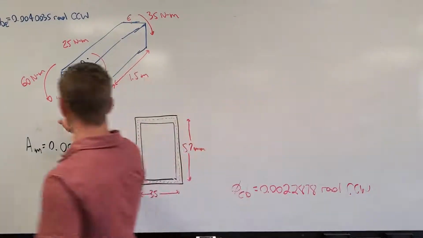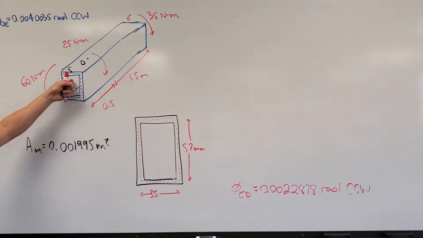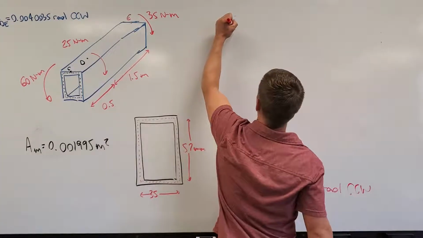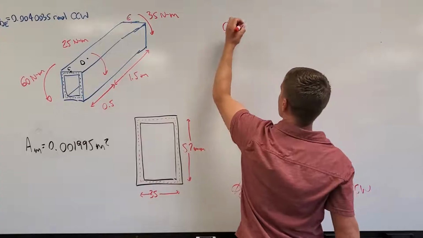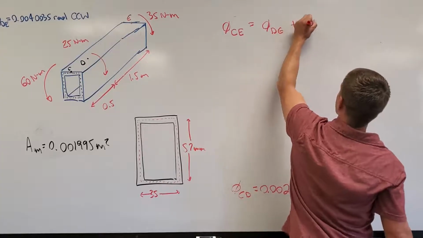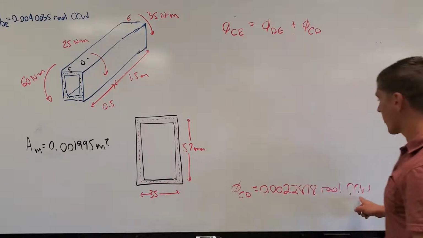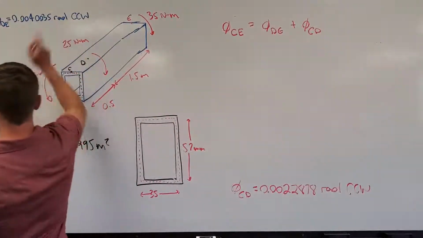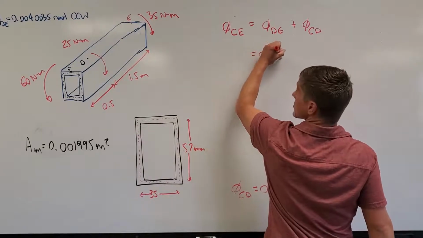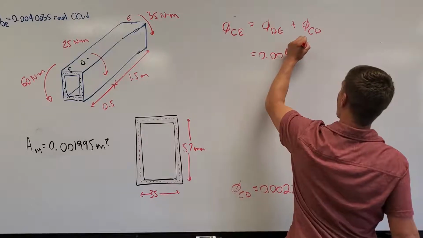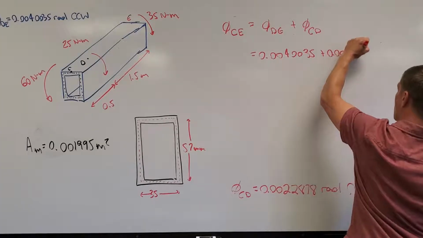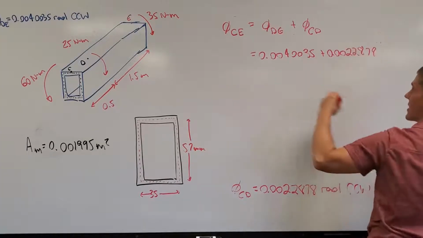This means that our total rotation of the free end C with respect to the fixed end E is equal to the rotation of D with respect to E plus the rotation of C with respect to D, which we already found. They are both in the counterclockwise direction, so they just add directly. So this is 0.004035 radians plus 0.0022878 radians.